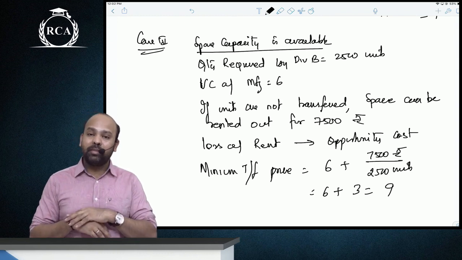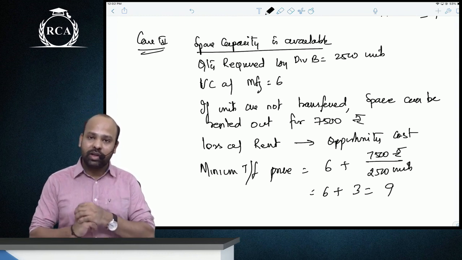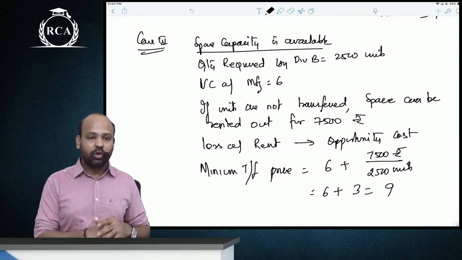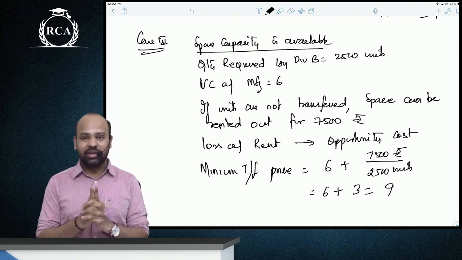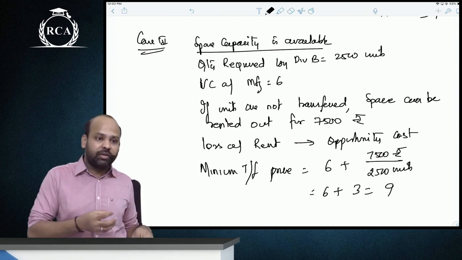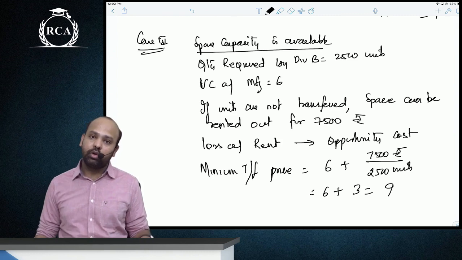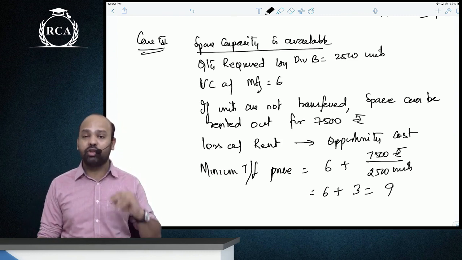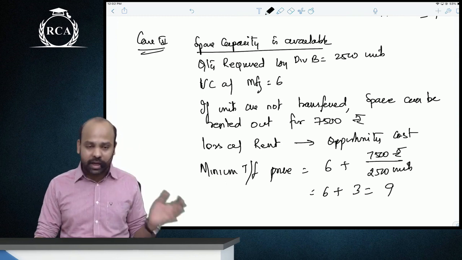If you are not manufacturing additional units, you can lease the space to others, and that will bring a profit of 7,500. That profit I am foregoing is considered opportunity cost. Opportunity cost need not be contribution foregone on existing products; it can come in any form.